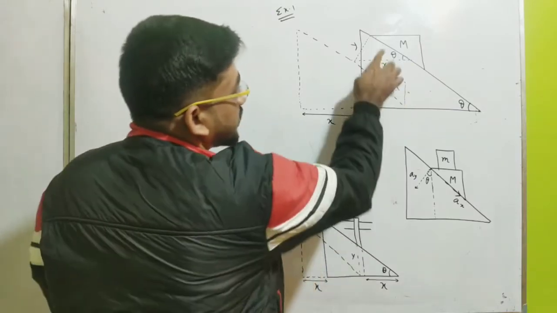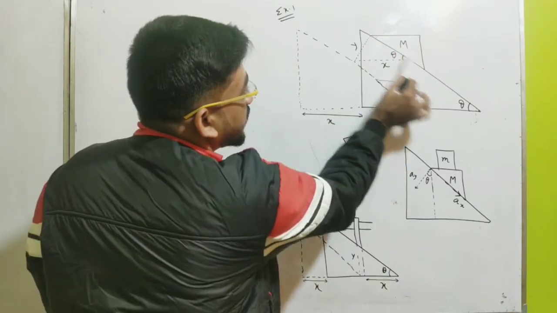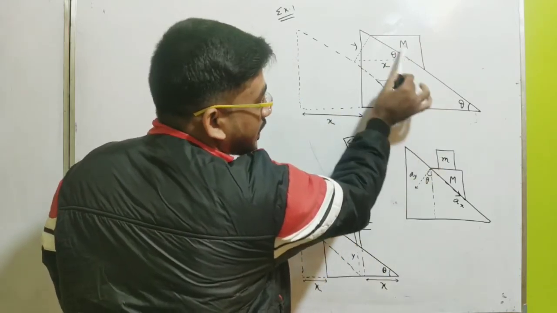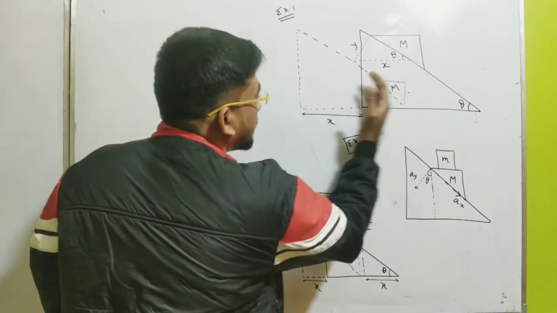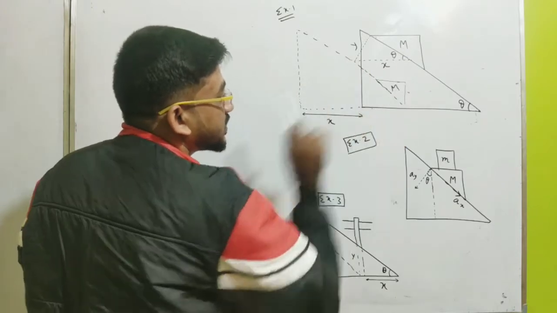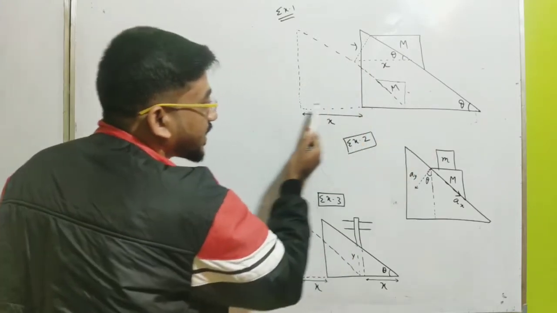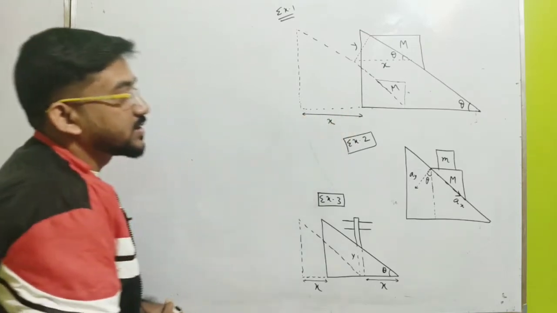So when this mass moves from this point to this point, within this time the wedge will be moving in this direction. Its initial position is here and the final position is here. Along the x direction I am assuming that it will move a distance x.